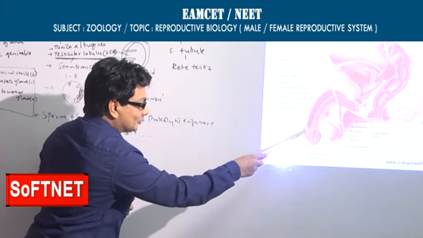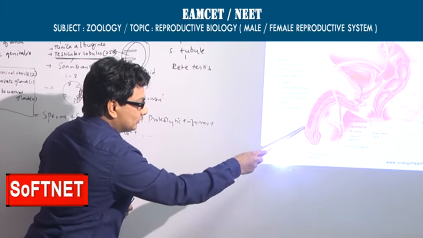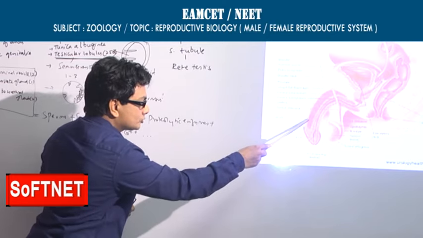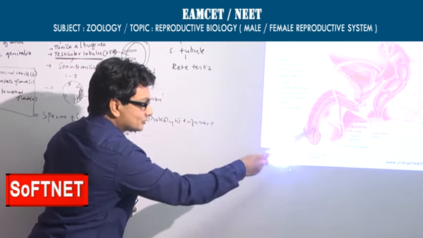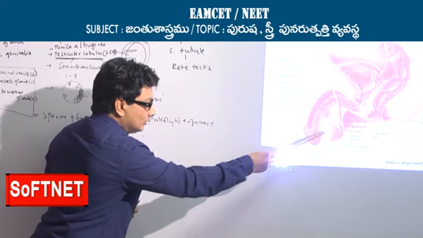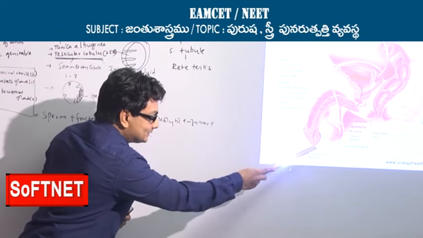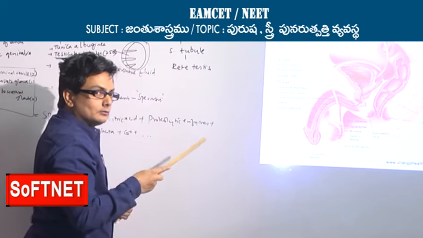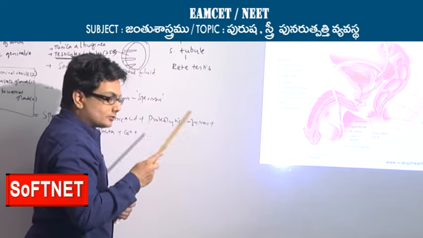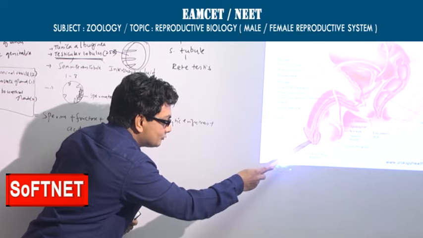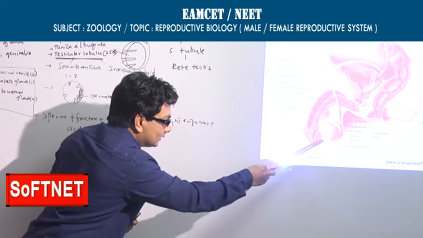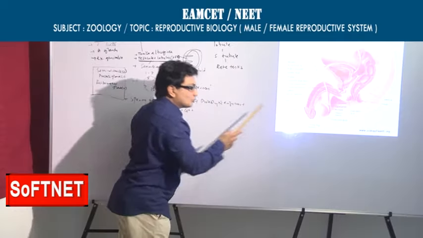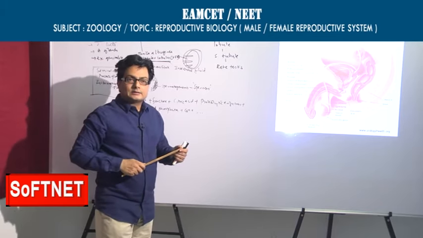At the tip of the penis, we have the prepuce, sometimes called the foreskin. And this is the urethral meatus, through which the urine and semen are discharged out. And this sensitive conical part is called the glans penis.